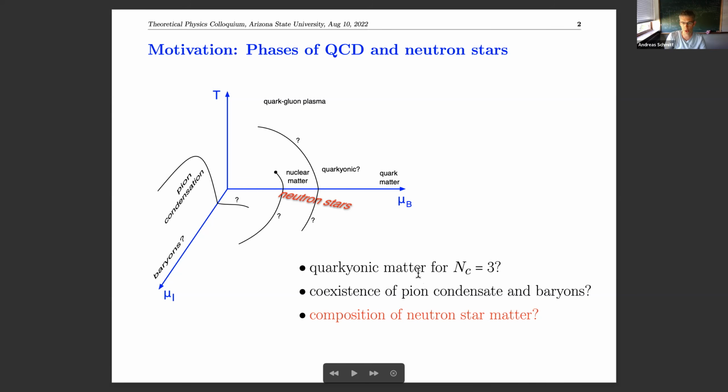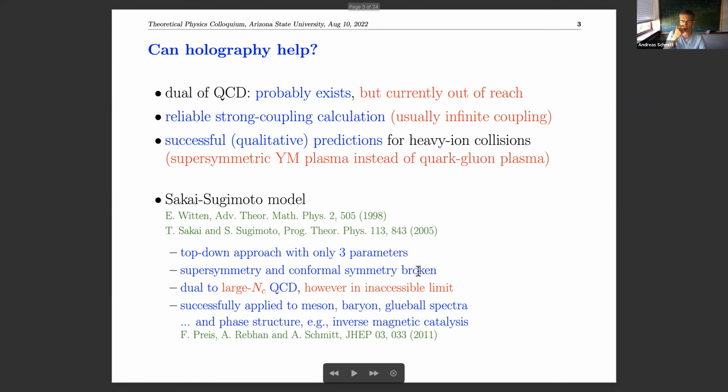So the tool I'm going to use, as I already said, is holography. I'm not assuming that you're all familiar with the details. I'm assuming that you've heard of holography being an equivalence between certain string theories on the one side in some higher dimensions and a field theory on the boundary of this higher dimensional space.